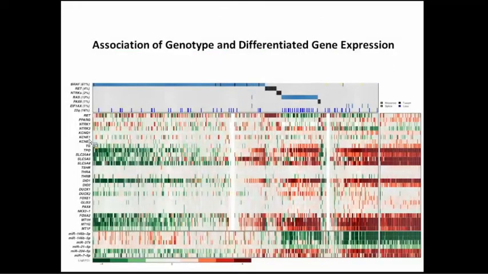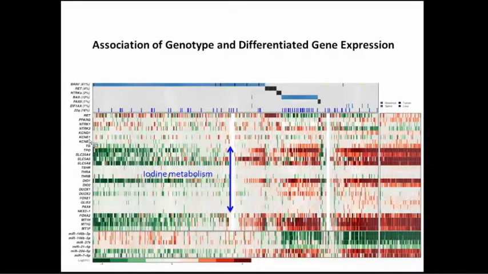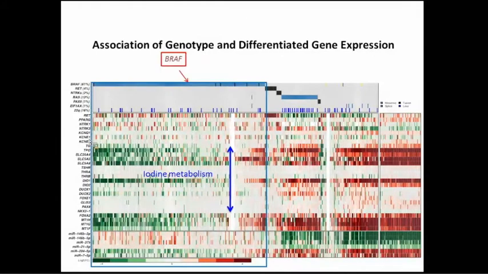So returning to this oncoprint, and again here you have the BRAF mutant tumors. If you now just specifically focus on the genes that are required for thyroid hormone biosynthesis, involving iodine metabolism, and look at in this heat map whether they're expressed at high levels, shown in red, or to a lesser extent, shown in green, what you can see just by eyeballing this is that tumors with BRAF mutations tend to have decreased expression of genes involved in iodine metabolism.